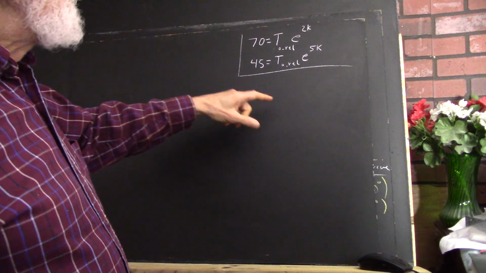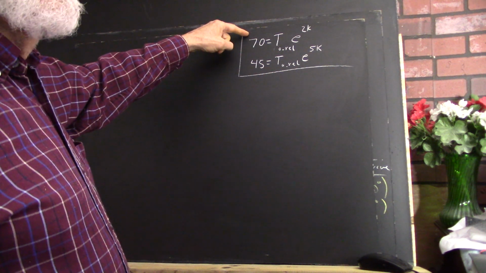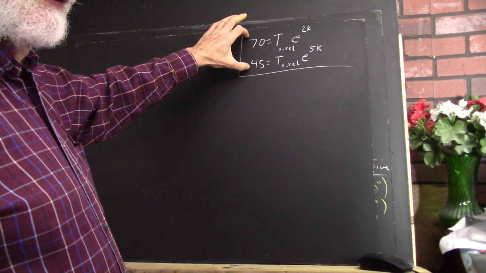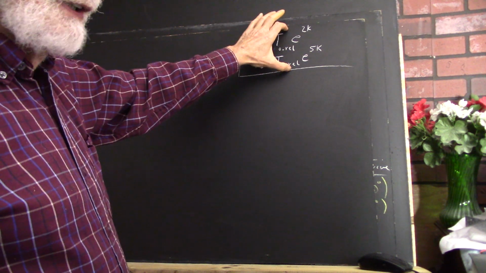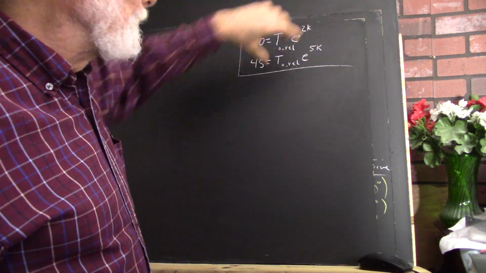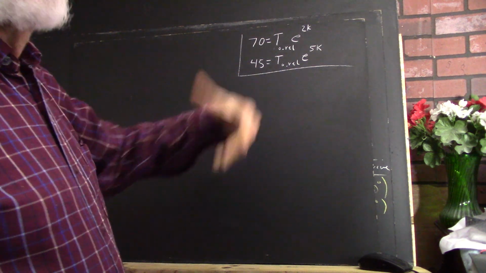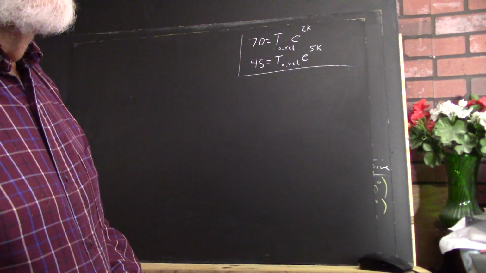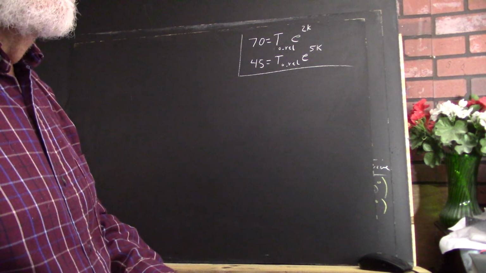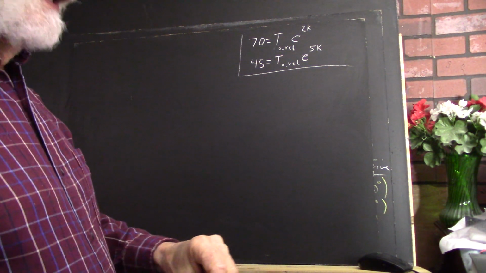Notice if we divide this equation by this equation, that means we divide the left-hand side by the left-hand side and the right-hand side by the right-hand side. If we divide this expression by this expression, t0 rel disappears. Okay, well, it divides out and gives us 1, which means we don't have to write it there anymore. So I'm going to do it that way.